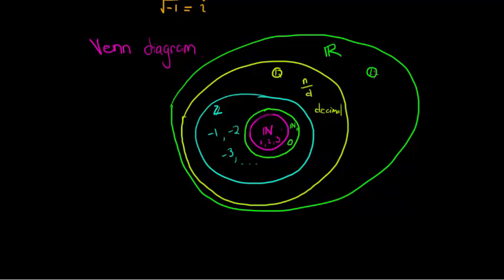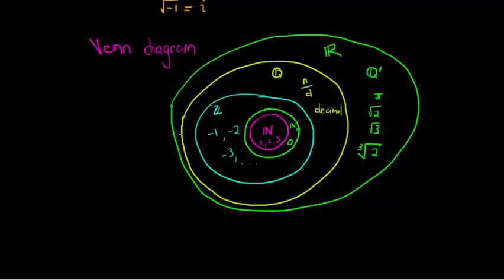So the irrational numbers would be the numbers outside of the rational numbers bowl, and that would be numbers like pi, square root of 2, square root of 3, cube root of 2, or anything that doesn't have a cube root. Okay, these would be the irrational numbers, numbers that are not rational.